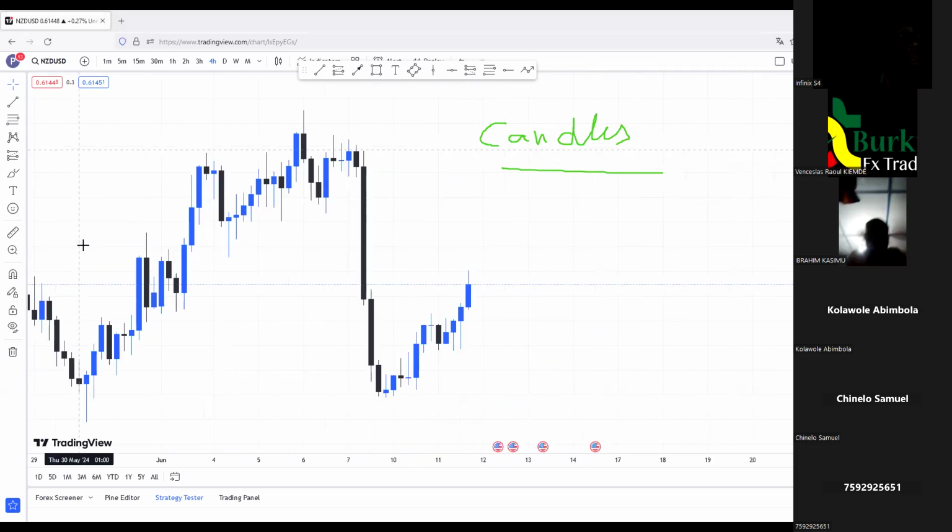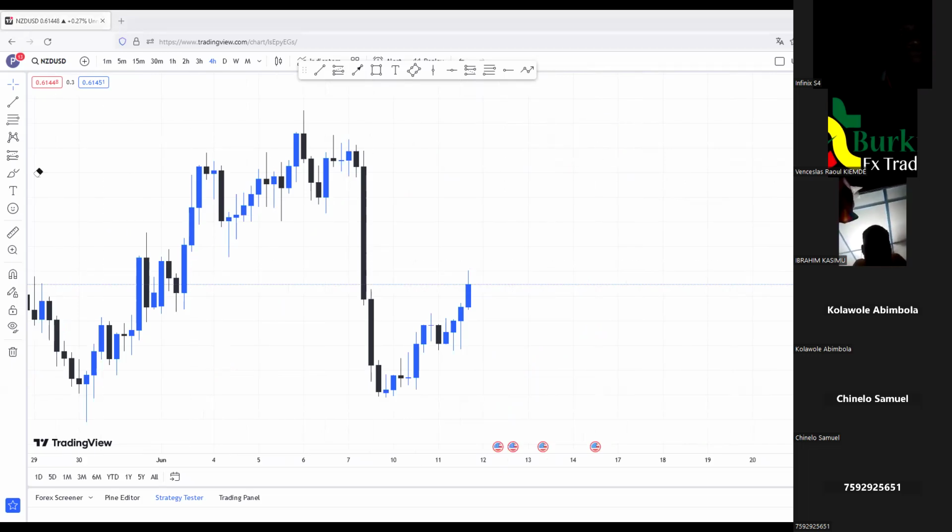So sometimes you can see a configuration like this. The market can be going up, and at a certain point of time, you will see the market forming an up candle.